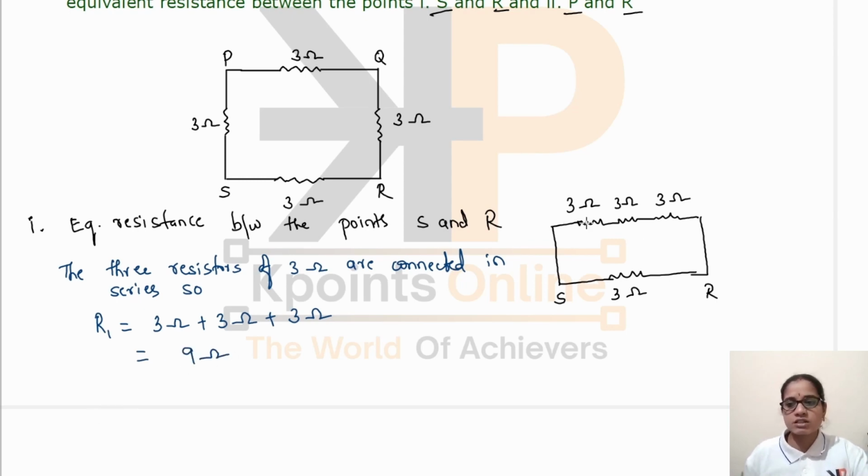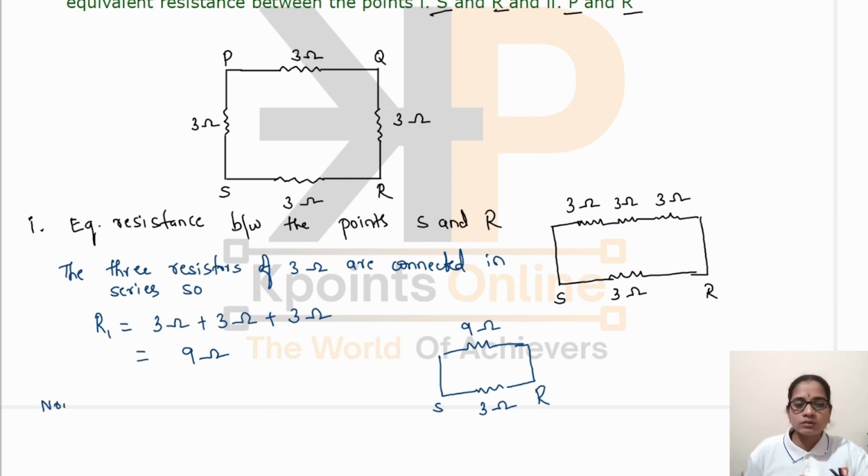Now these three resistors are said to be in parallel with this resistor. So it can also be represented now as 9 ohm when we consider this overall resistance. This is of 3 ohm. Now it is easy to calculate the equivalent resistance when these two resistors are connected in parallel.